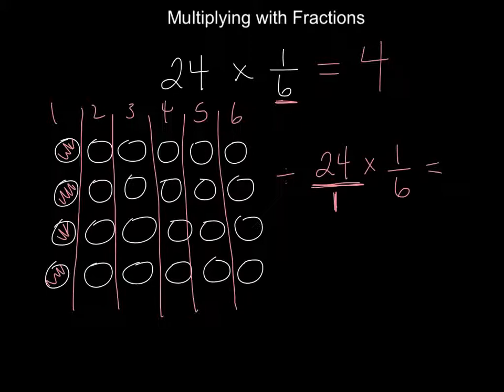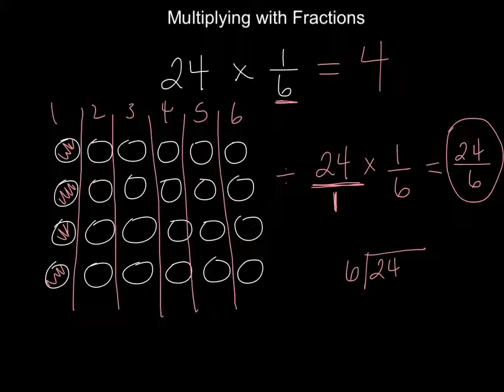Now, we've been using fraction times fraction this whole time, so I'm just going to multiply across. 24 times 1 is 24. 1 times 6 is 6. And this is an improper fraction, so 24 divided by 6 is 4, which is what I got using my model.